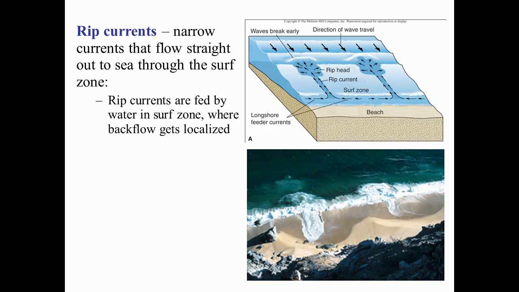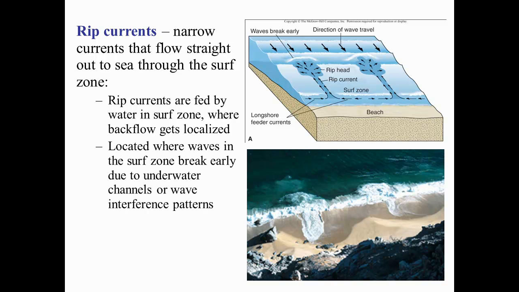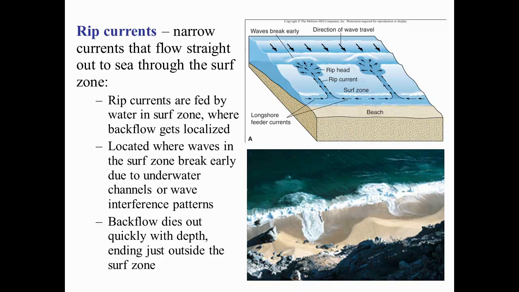Within the rip currents, the backflow becomes localized and is basically located where waves in the surf zone break early due to the underwater channels or as a result of these wave interference patterns. But the backflow quickly dies out with depth, ending just outside the surf zone.